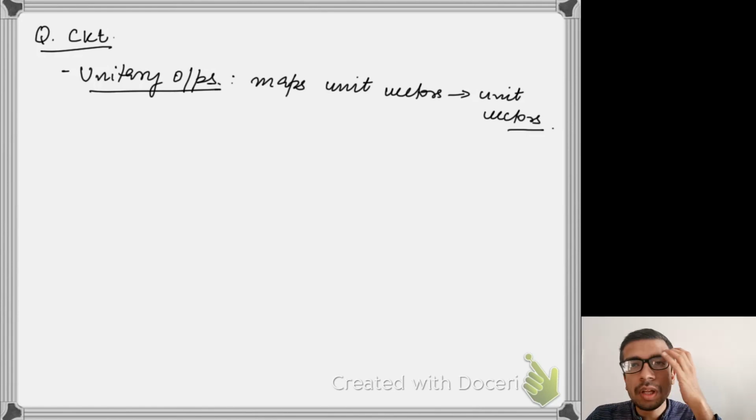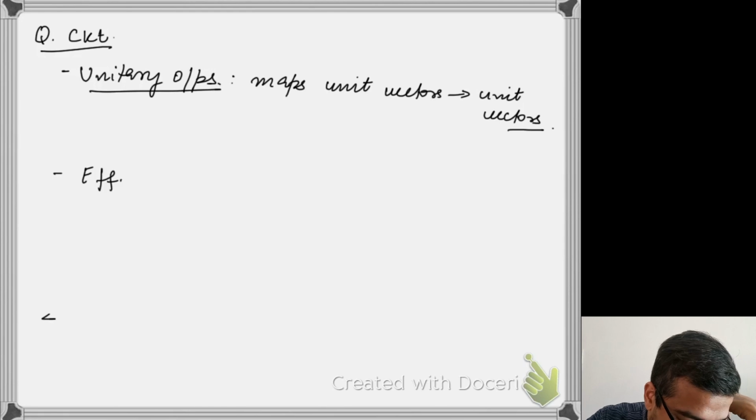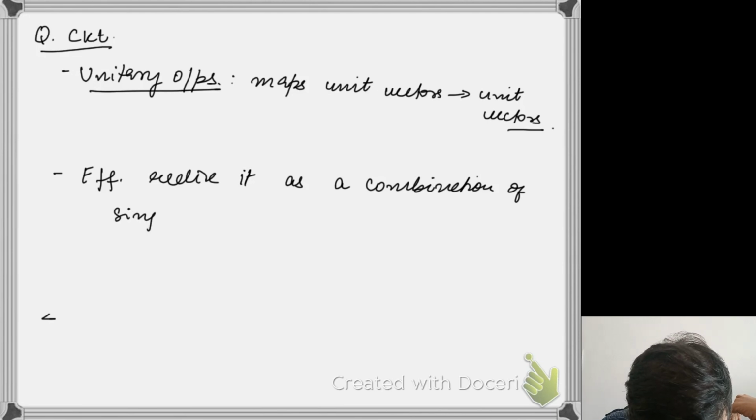Now for the quantum circuits which we will see in practice, not only should it be a unitary operation, it should be possible to efficiently realize it as a combination of single and two qubit gates.